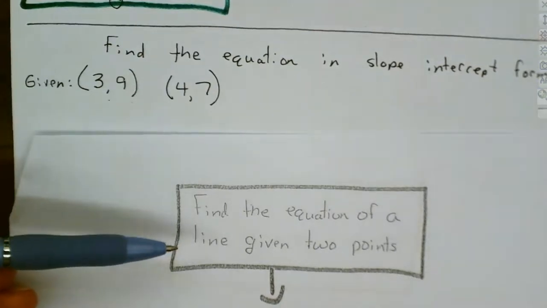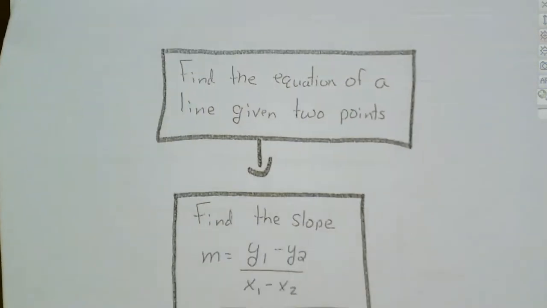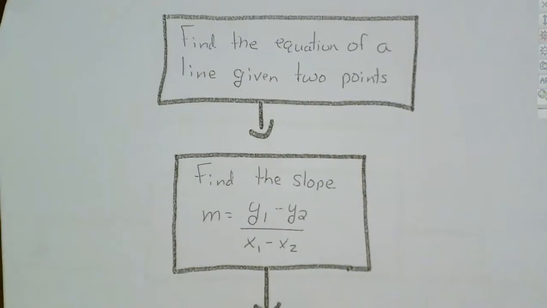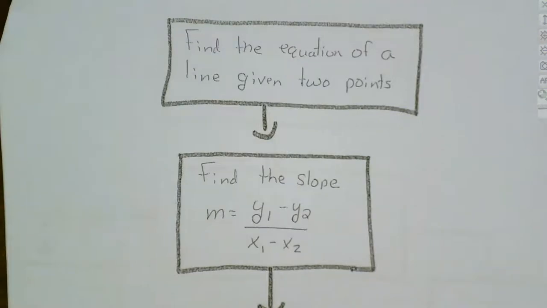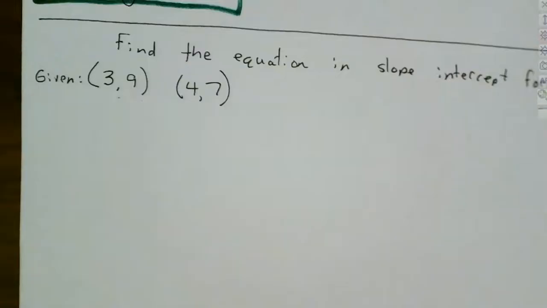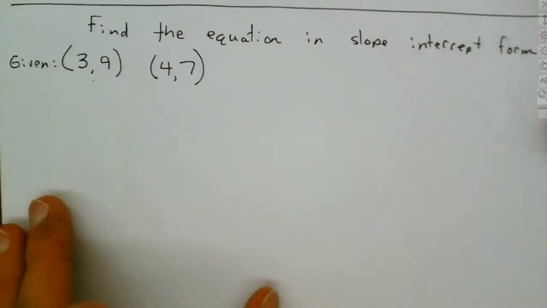Second page. What do we need to now do? Follow our arrows now. First thing we do is what? Find the slope. So let's do that. We've got 2 points. So the first thing we do is we find the slope.